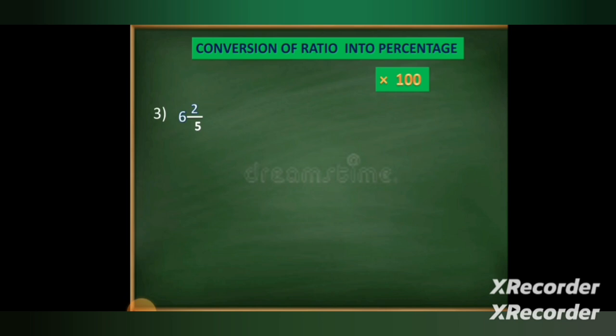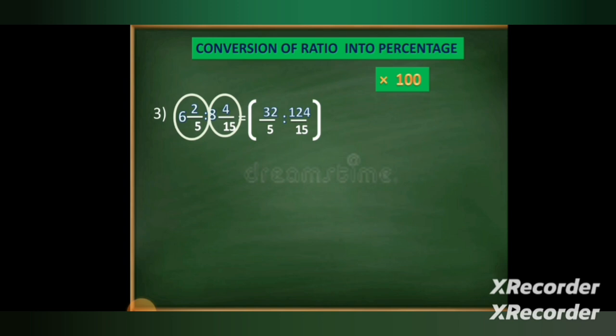6 2 upon 5 is to 8 4 upon 15. Looking at this sum, we feel it's very much complicated, as both the numbers are in mixed fraction. So what are we going to do? We are going to change these mixed numbers into improper fraction, and I am making use of closed bracket. 6 2 upon 5 is nothing but 32 upon 5 is to 124 upon 15.